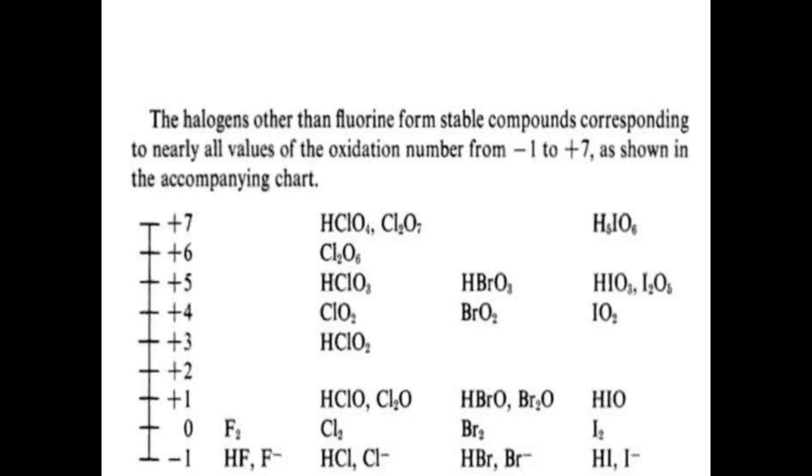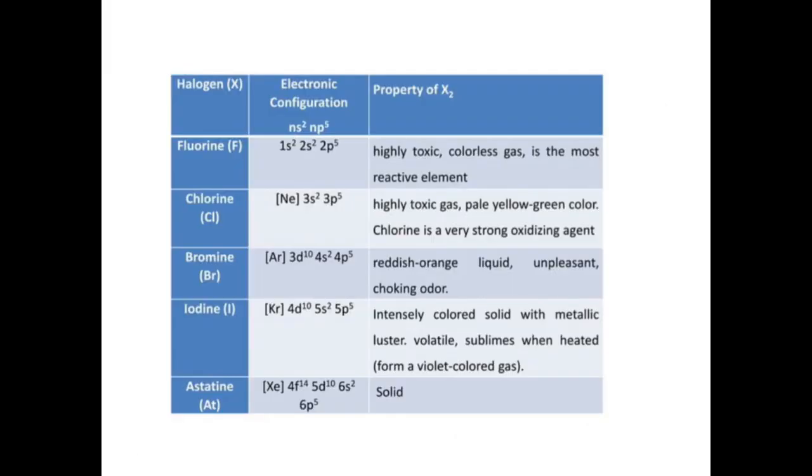At the 0 level, you have them in their gaseous form, F2, Cl2, etc. So do well to calculate the oxidation state. You will find out that in these states, these are the compounds that we have for the halogens.